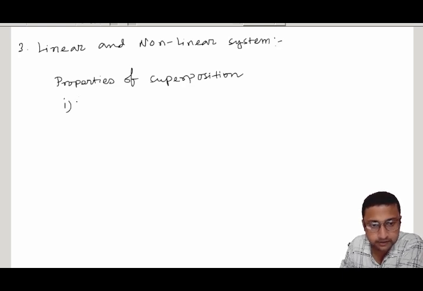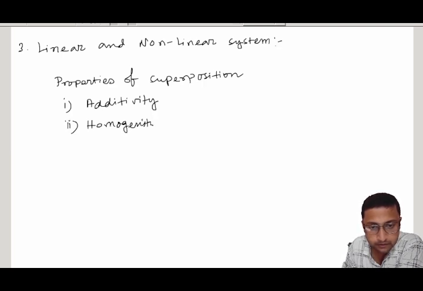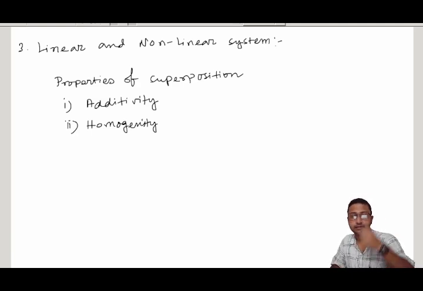Under this category, the first property is additivity, and the second property is homogeneity. If a system follows these two properties of superposition, additivity and homogeneity, then it is called a linear system. Otherwise, a system that disobeys these two properties is called a non-linear system.